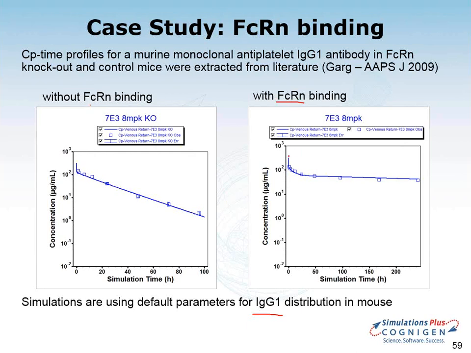With FcRn binding, we had a nice match. With removing FcRn binding, so we set the binding constants to 0, the elimination of the antibody was quite a bit faster. And again, this used all default parameters for the mouse, and the same parameters worked for a number of different IgGs in the mouse simulations.